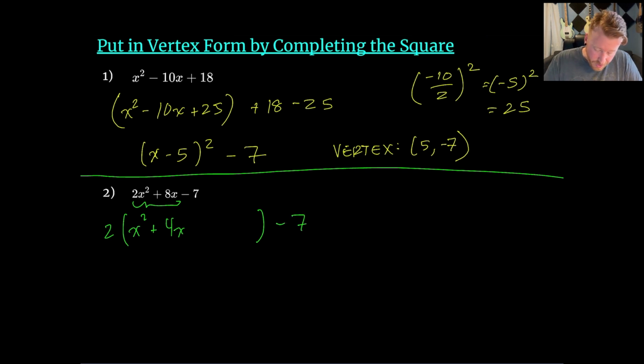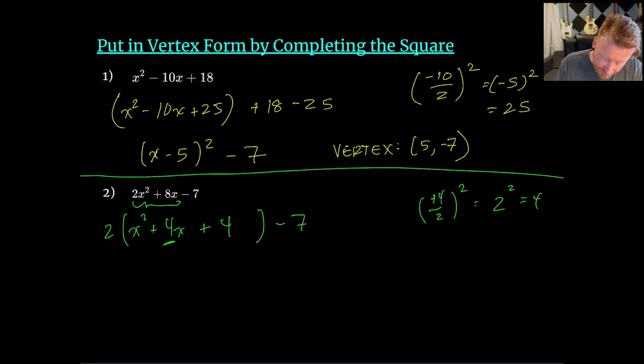Okay, so again, to complete the square, what we do is we look at the middle term, and here that is positive 4. We're going to divide that in half and then square it, and then this will be the number that I'm going to both add and in a sense subtract, but we need to be a little bit careful. But this is going to give me 2 squared, which is 4. So plus 4, and then I didn't just add 4 to this parenthesis here.